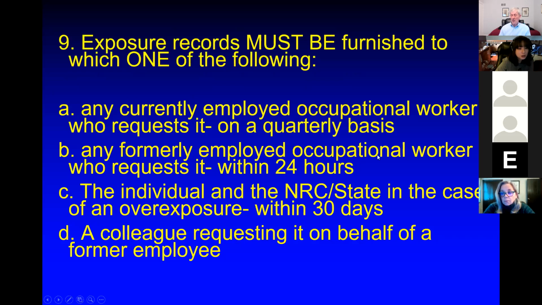If you are taking a new job, the RSO has 30 days at the original job to send the report to the new RSO. The individual and the NRC, in the case of an overexposure, 30 days. That is the correct answer. If you send your friend to the RSO and request a report, the RSO can't give it to your friend. You can only give it to another RSO.